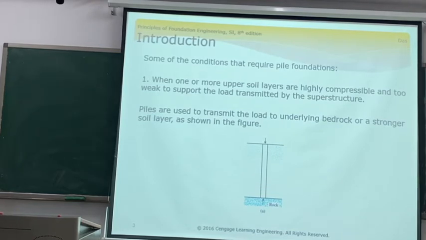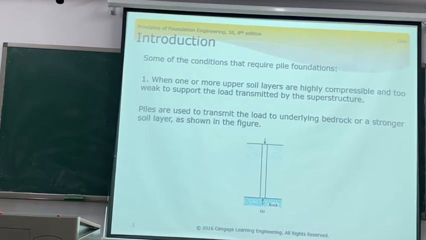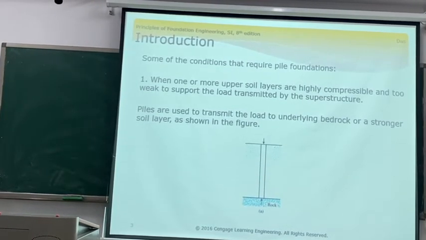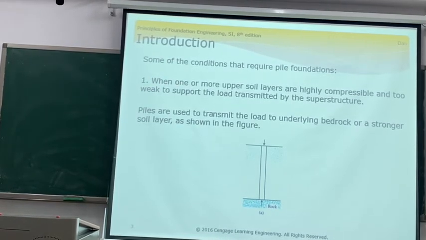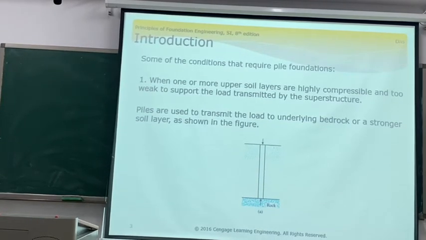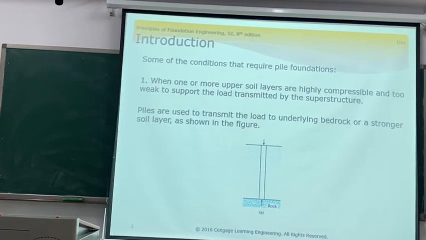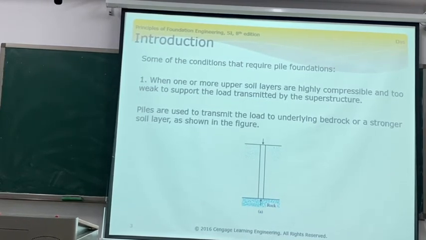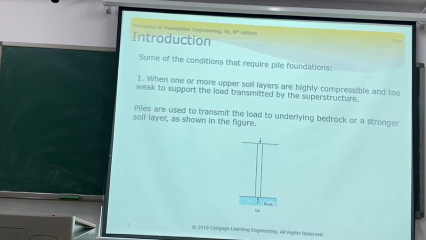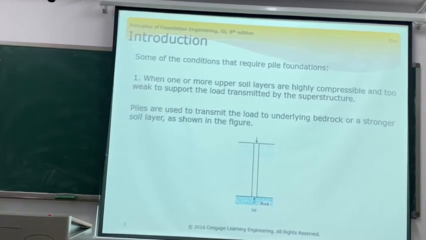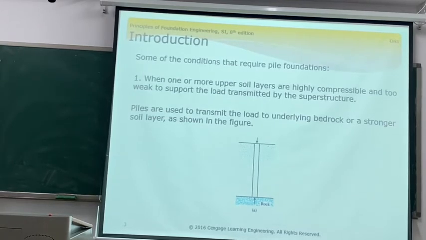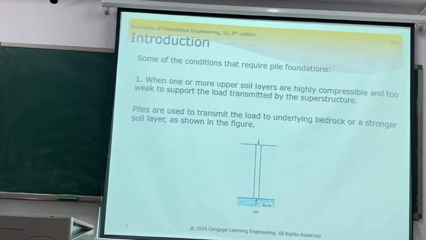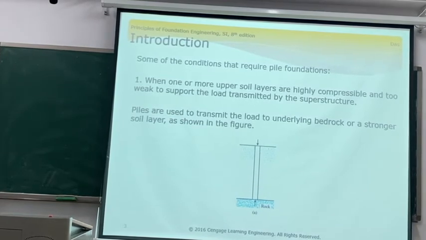Which conditions call for a pile foundation? There are some conditions that require it. The first is when one or more soil layers are highly compressible and too weak to support the load transmitted by the structure. This is soft or weak soil, which is compressible and whose moisture content is very high, so it can't support the structure.